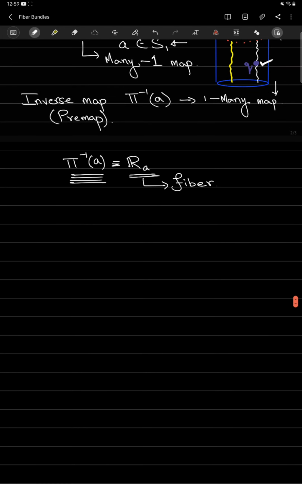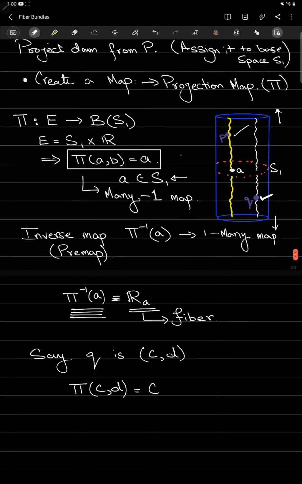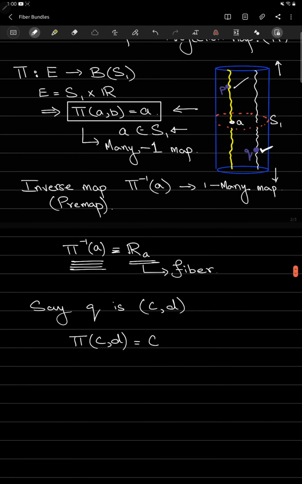Let's say that Q is located at some points, let's call them C and D. Now, if I feed C and D to the map that we defined, it would throw out C, following the exact same thing we did before.